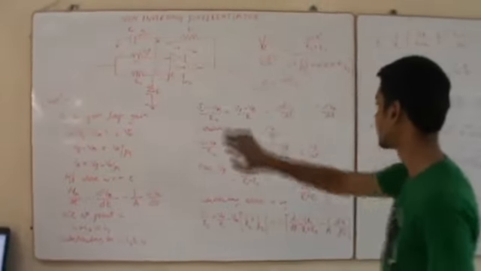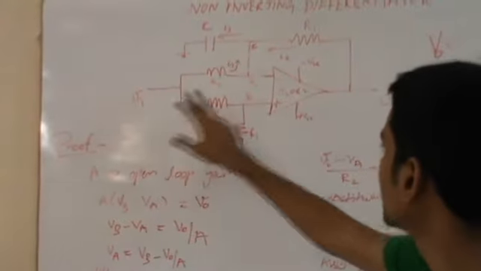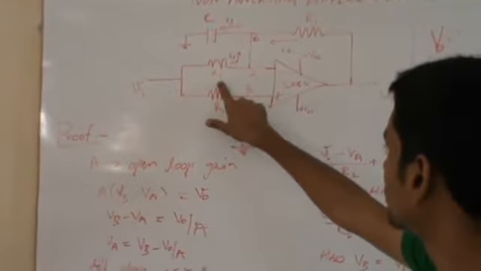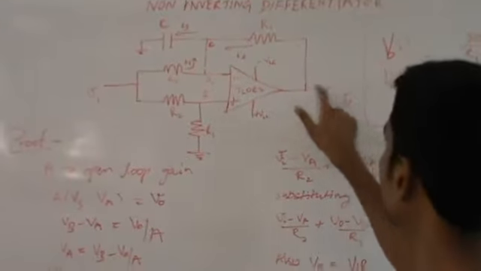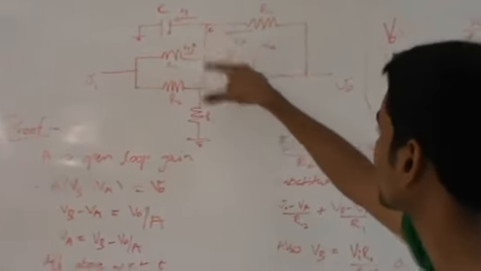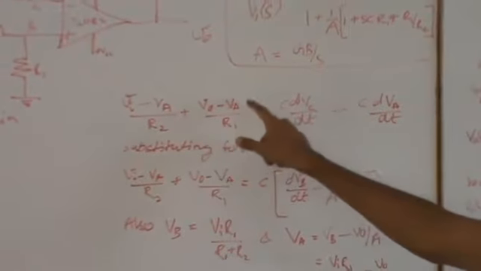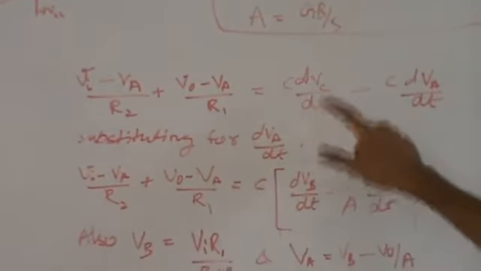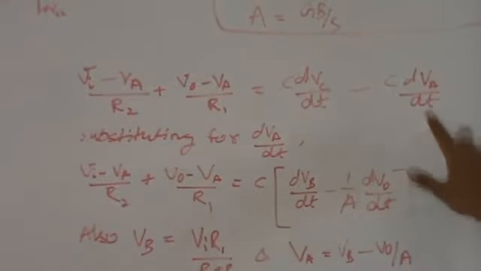The current I1 is equal to (VI minus VA) divided by R2, and the current I2 is equal to (V0 minus VC) divided by R1. Now VC is the same as VA, so we have just replaced VC by VA here, and we get (VI minus VA) by R2 plus (V0 minus VA) by R1 is equal to C dVC by dt, which in turn is equal to C dVA by dt.